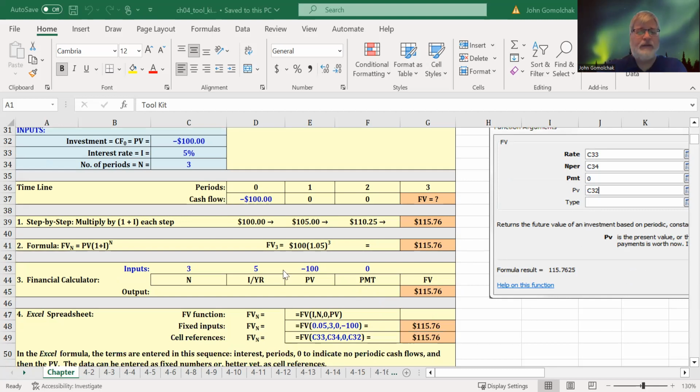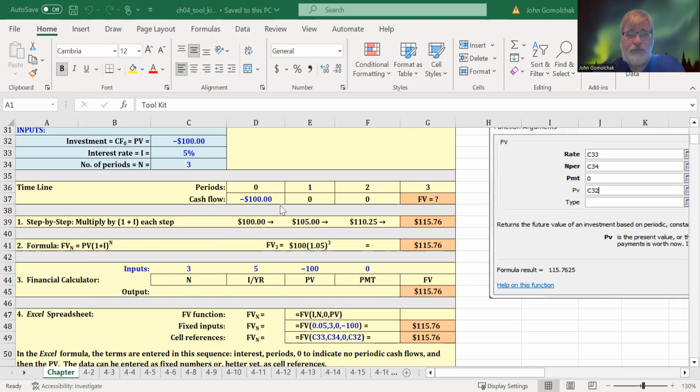All right, fine and dandy. What about a financial calculator? If you have a financial calculator, feel free to look at the instructions in the book. It's all there. You can easily follow along with the instructions for a financial calculator. I'm not going to teach you how to use a financial calculator. I will teach you how to use the Excel functions that we want to use.